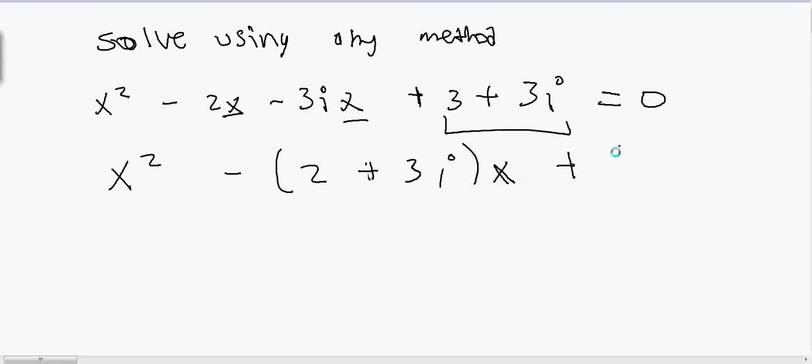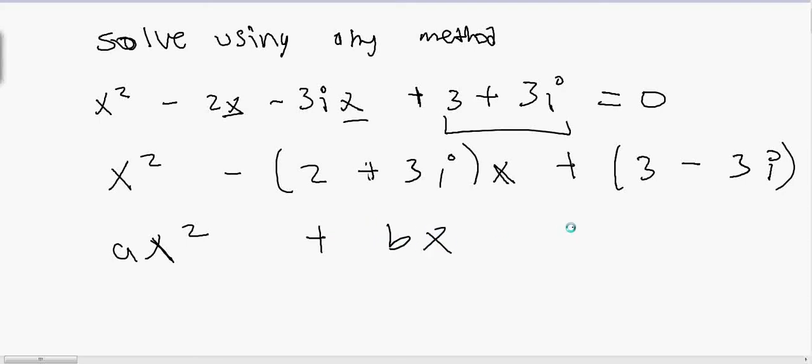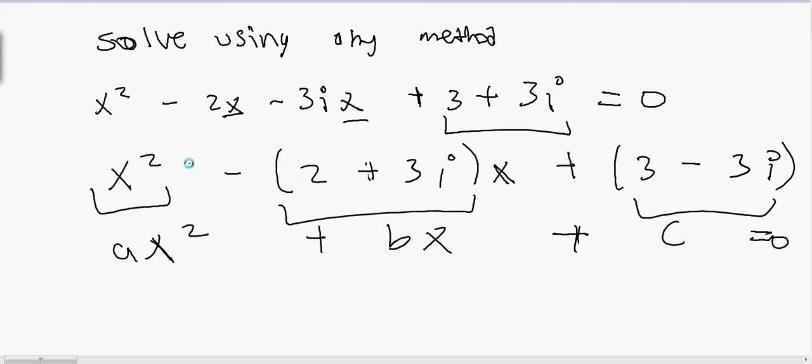And then your whole c term would just be 3i. If you wanted to compare this with the standard form of a quadratic, it would be ax squared plus bx plus c equals 0. So each of these, that's b, this whole chunk is c, and that whole thing is a.